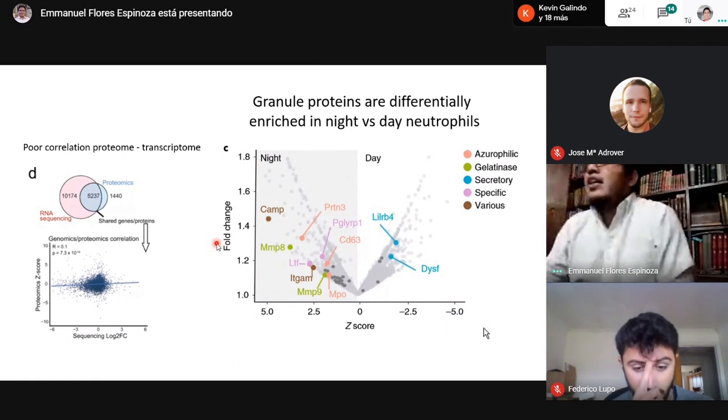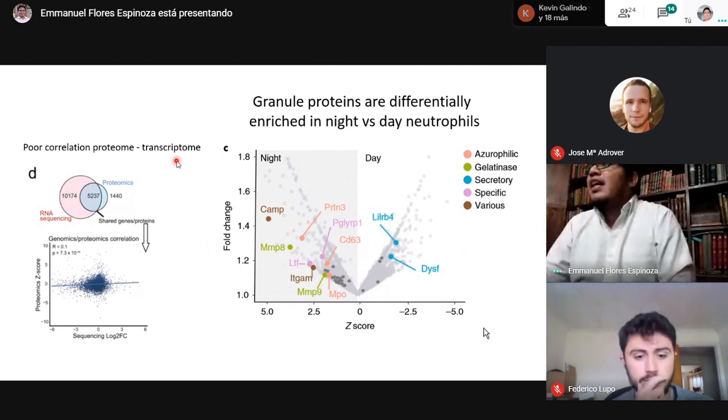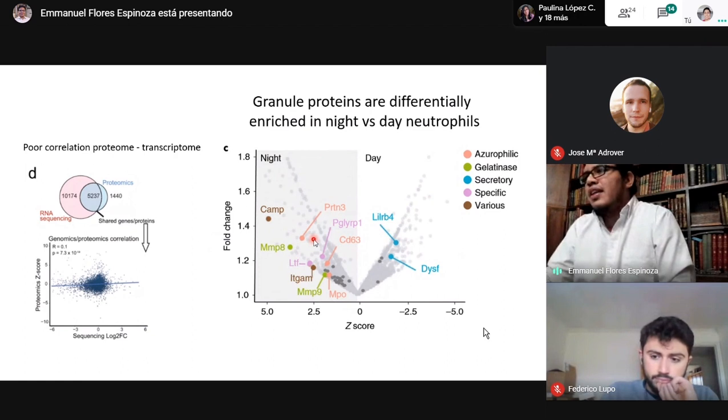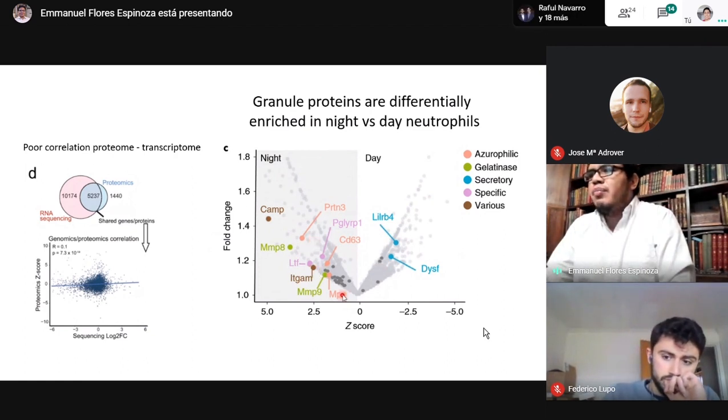This information is interesting. Then they evaluate if there is a differential enrichment in the proteins that are typically present in granules, and we can see here different proteins. Black dots are indicative of proteins of this type, and also the color coded dots.